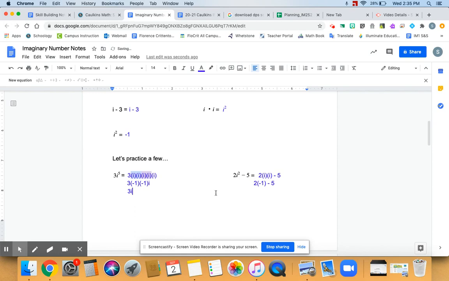So now, when I finish this up, 2 times -1 is -2. -5 becomes -7. So let's talk about the differences between these two. Here, if I added something at the end, like a +1, and I had a +1 at the end of all of this, I could not combine the 3i with the +1. This would just be my answer because I cannot combine imaginaries with real numbers. But that +1's not there, so let me get rid of it.